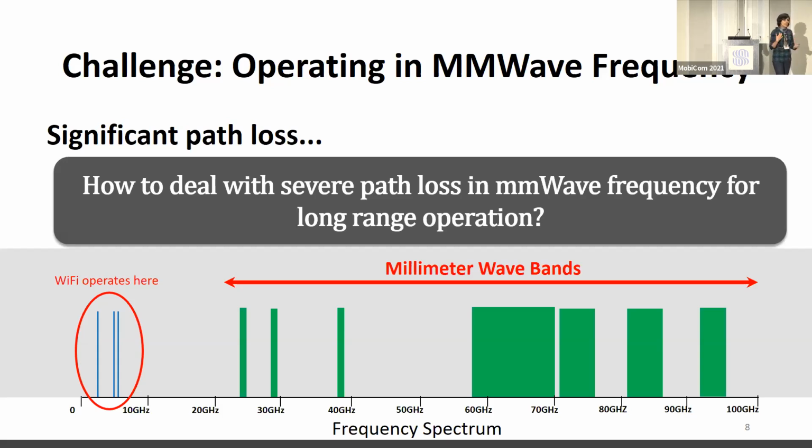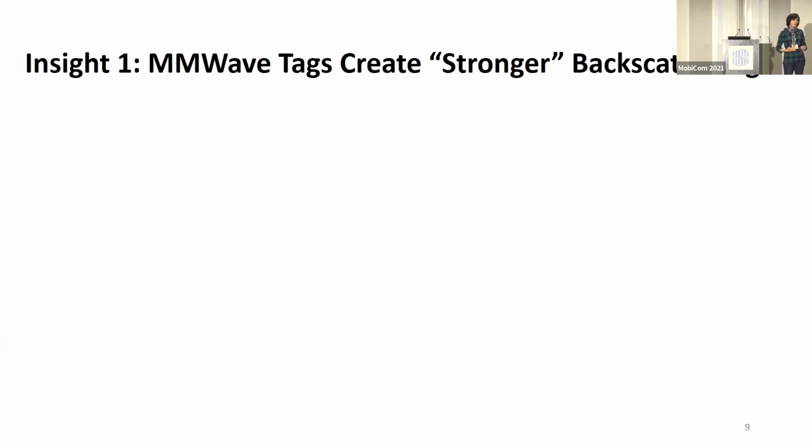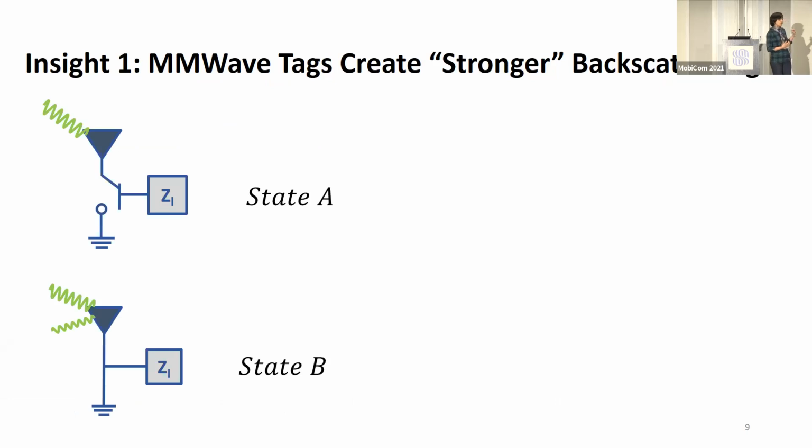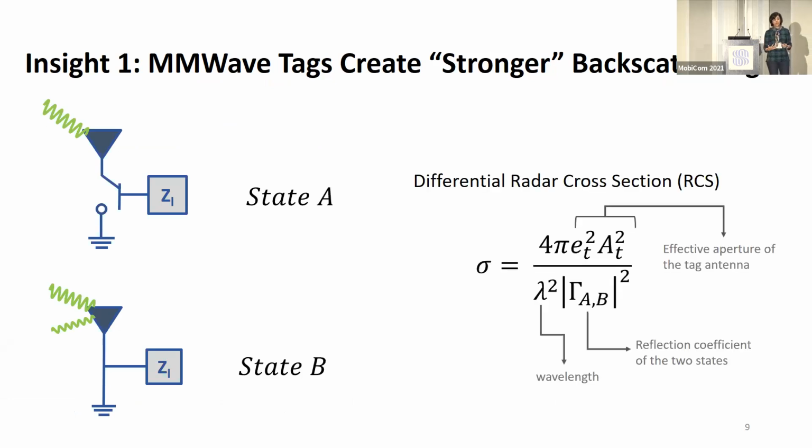There are two enabling insights that we use in this work. Number one: in backscatter systems, all we need is to differentiate these two channel states as the tag switches on and off. And in each of these states, the tag presents a certain radar cross-section. So all we need to do to increase the tag detectability is to increase this differential RCS.